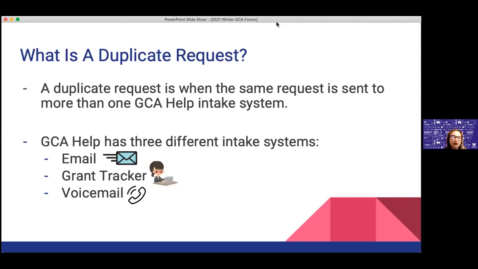There are 3 intake systems into GCA help: the GCA help email, grant tracker, and for right now, voicemail. Otherwise you'd be able to call us if we were back in the office. The voicemails are set up so a copy of your message gets automatically sent to our email.